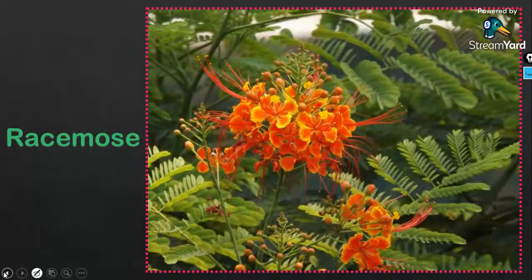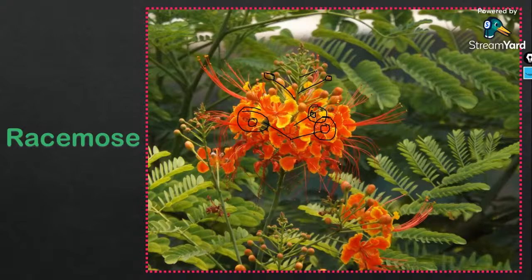Next is a racemose inflorescence. What do you mean by racemose inflorescence? The older flowers are at the base, and look, the younger flowers are at the tip. These all are the younger flowers. What will you call these kinds of arrangement, guys, in the chat box?